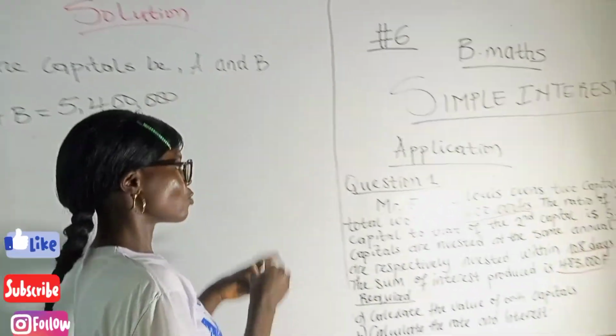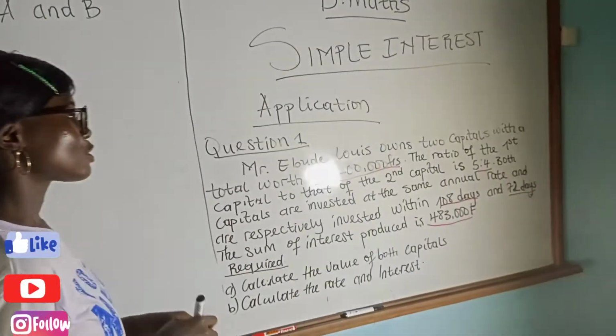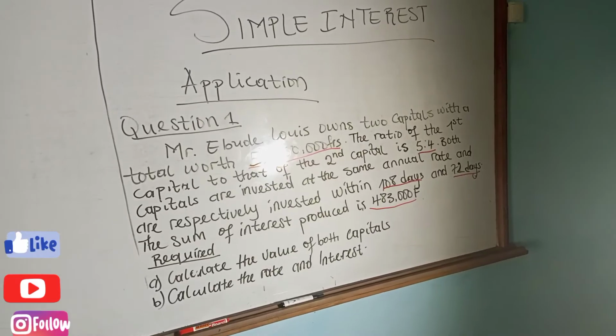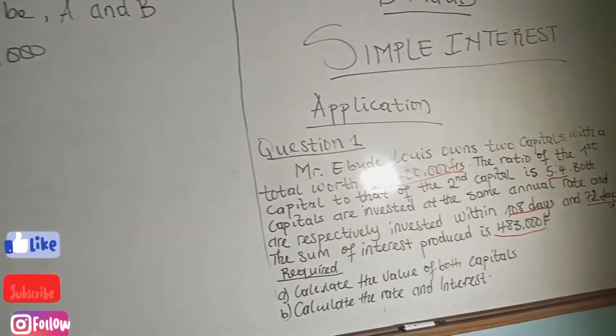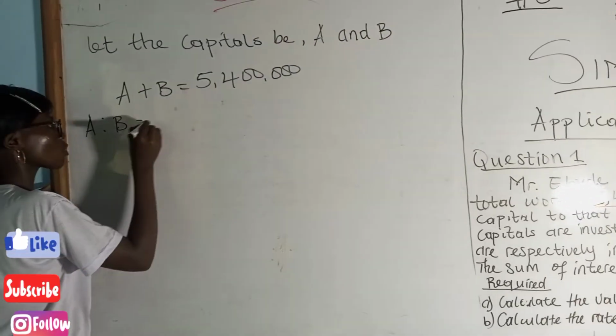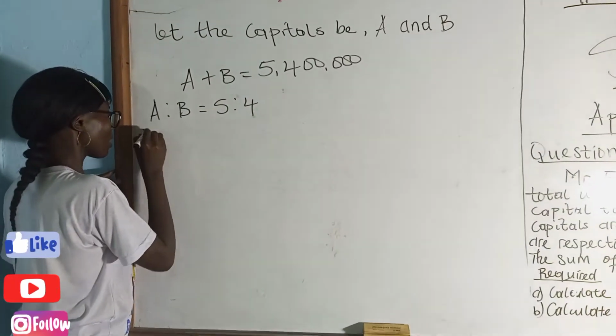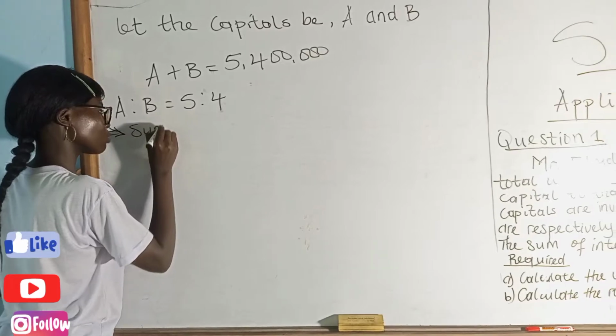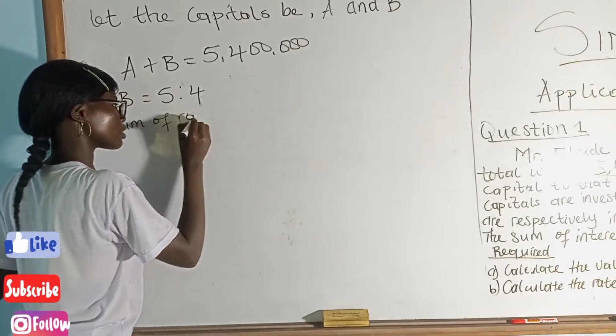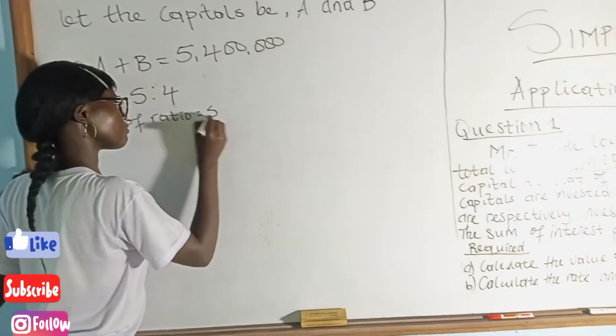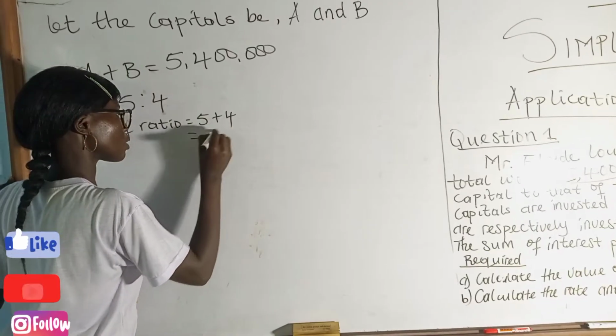And they say the ratio of the first capital to that of the second capital is 5:4. That means A is to B is equal to 5:4. Then you say sum of ratio is equal to 5 plus 4, which is equal to 9.